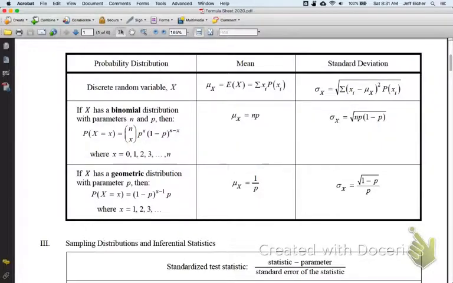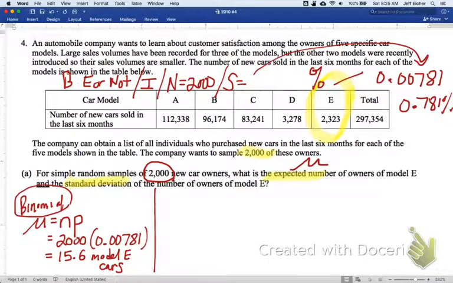So let's go back here. Our standard deviation is the square root of np times 1 minus p.